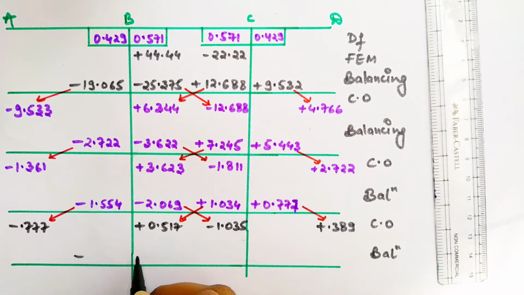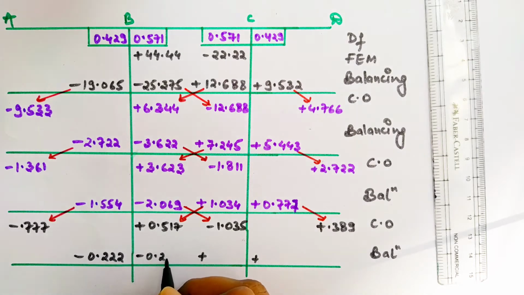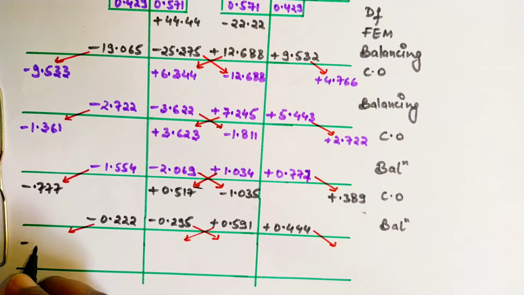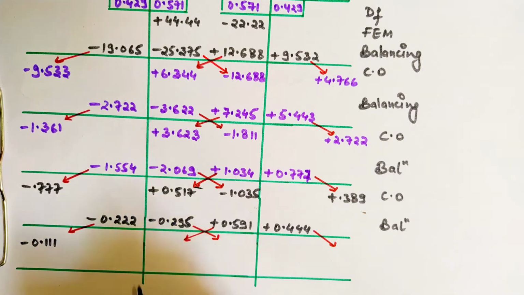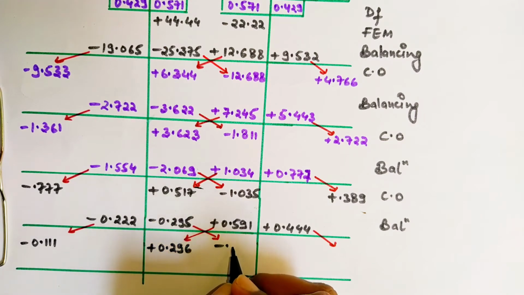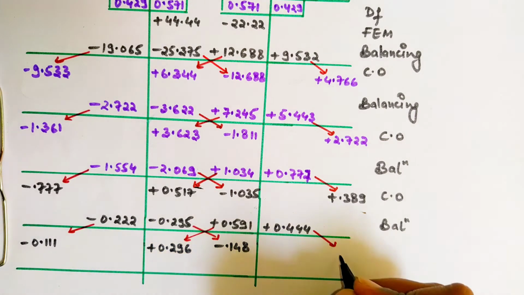You have to do it like this. Now unbalanced moment, opposite sign, again multiplied with the DF and write it down. Your next step is to put that in the calculator and transfer half of it to the next fixed joint.